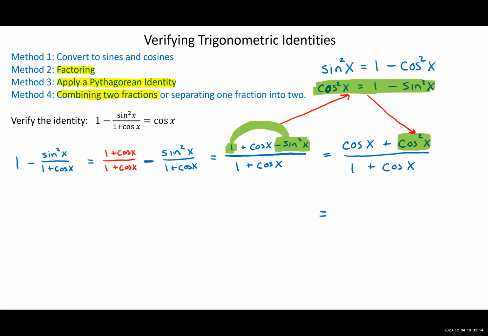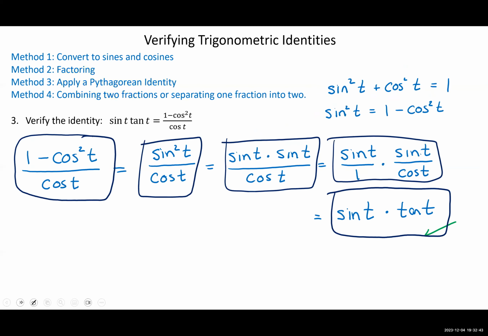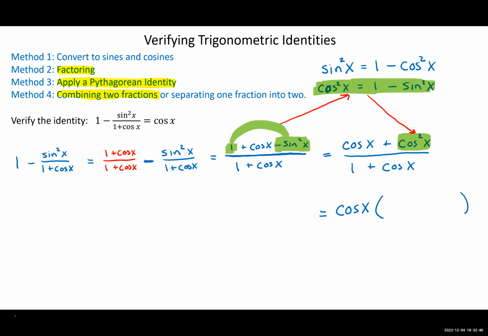So if we factor out a cosine of x, we did this in the second problem. We factored out, I think it was a secant of x. Let me just go back a couple of slides. Yeah, this first step here, we factored out a secant of x. So we're doing the same thing. And that's the thing with these problems. You got to do enough of them till you start seeing common things that tend to work over and over.